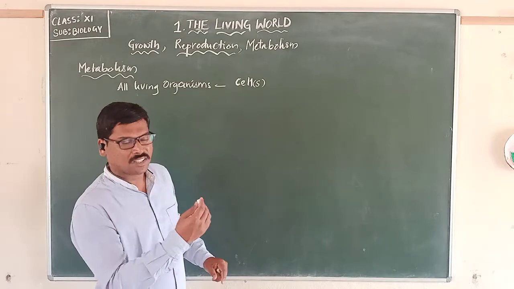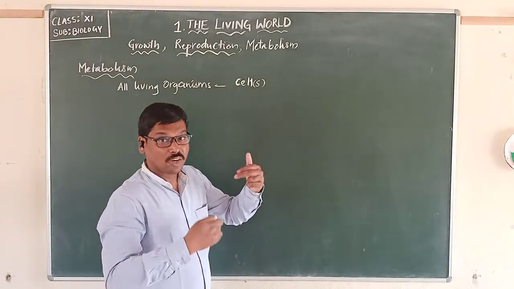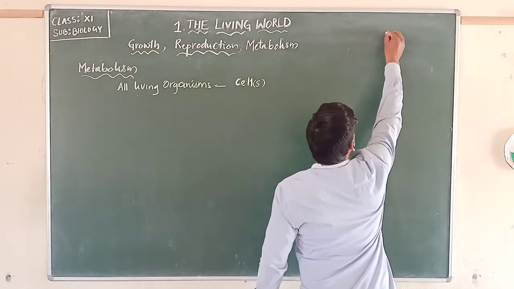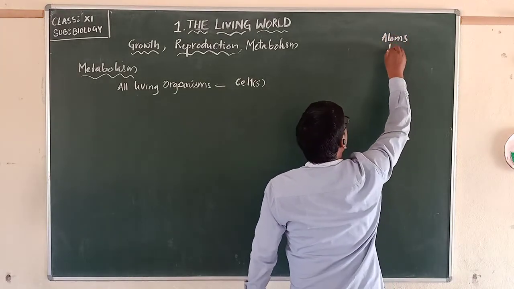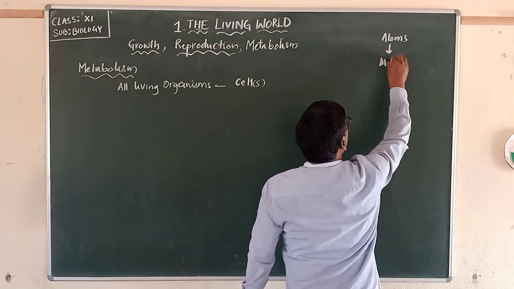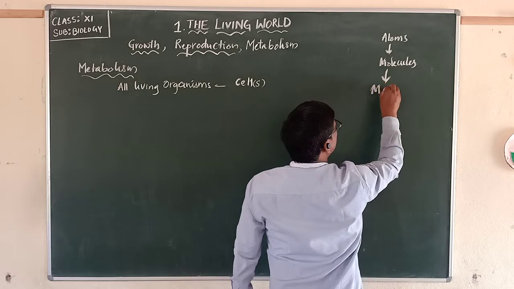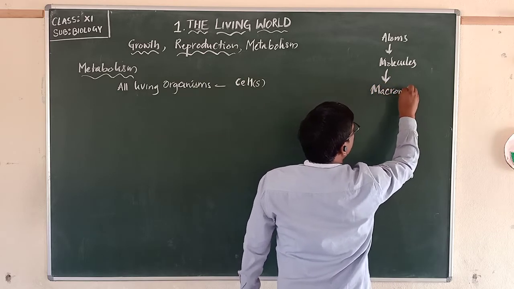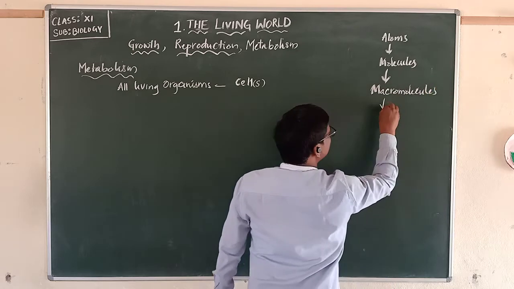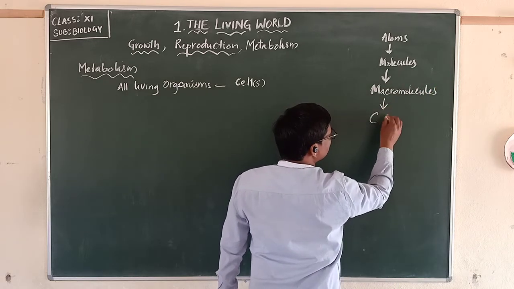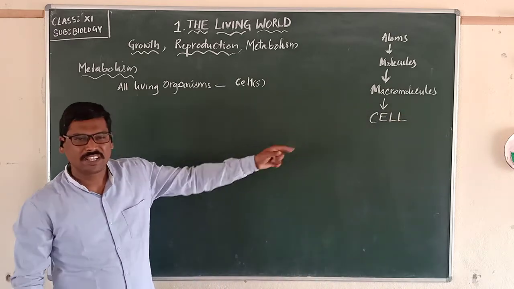If you can recollect what you studied in your lower classes, there are chemicals, atoms, which form molecules, and these molecules change into macromolecules. These macromolecules, in various proportions, join together and lead to the formation of the cell.